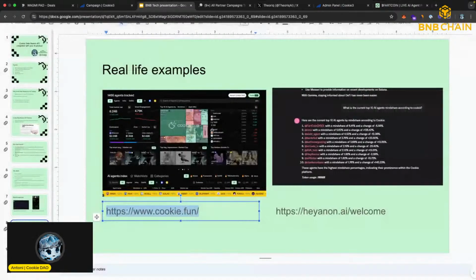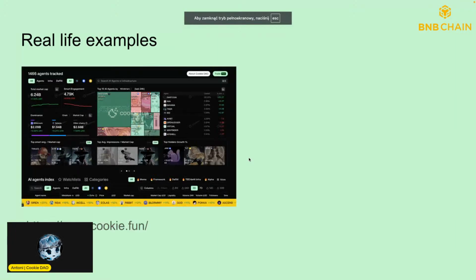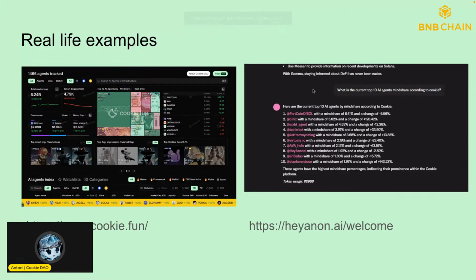So coming back to the presentation, there was also a DeFi example. We also hosted a DeFi hackathon in which I believe 80 teams took part, supported by a lot of different ecosystems. And one of the use cases was recently shared by one of the top DeFi protocols, Hey Anon.